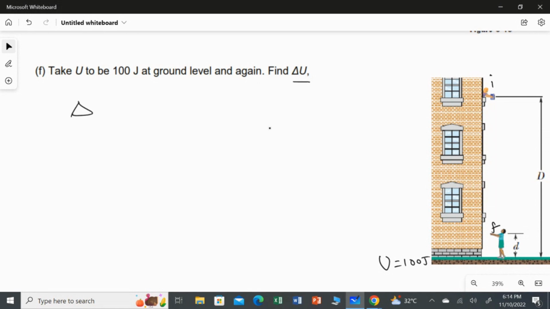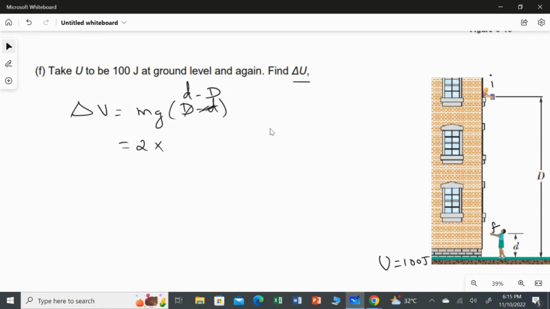So the change in potential energy is equal to mg times caps D minus small d, and again you will get the same answer, negative value. Sorry, small d minus caps D, because it is final position minus initial position. So that means small d minus caps D.